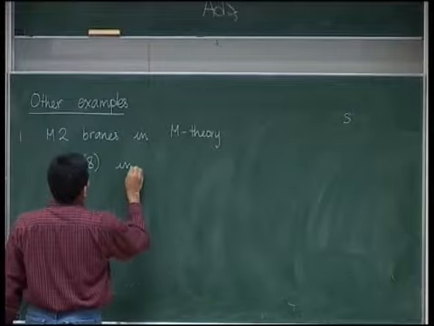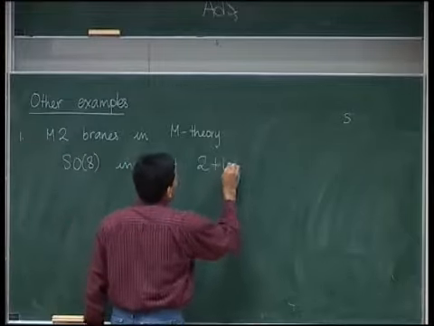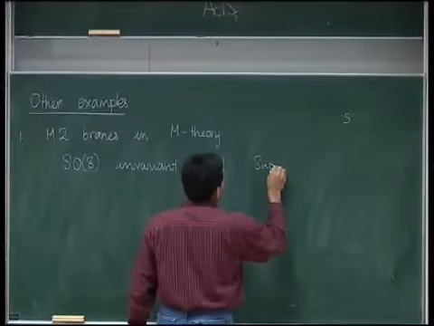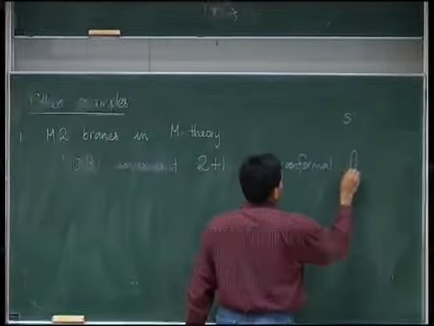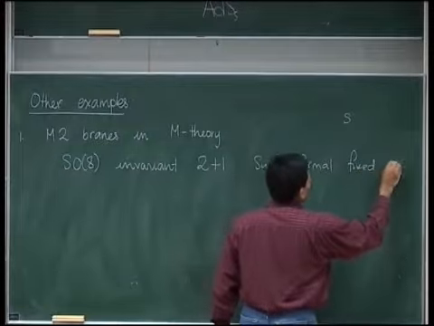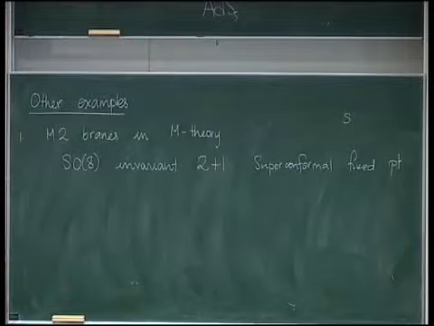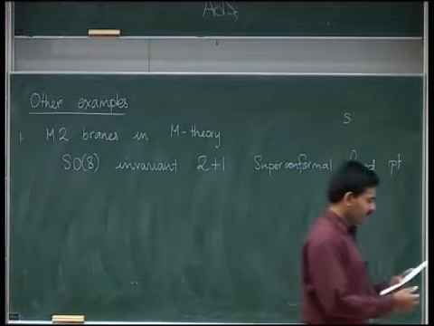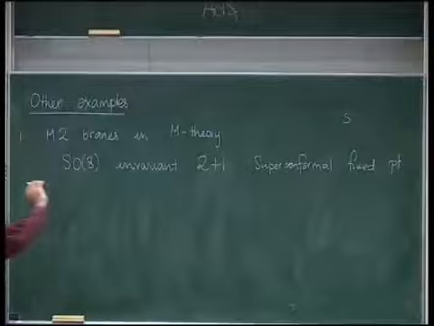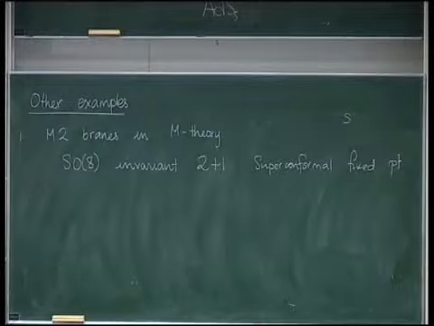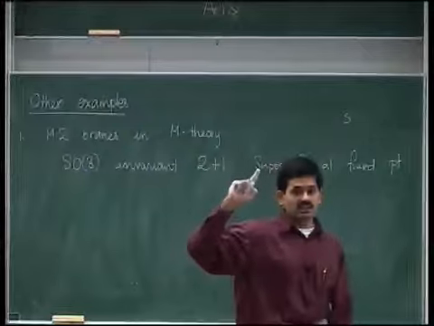So the field theory here is an SO8 invariant 2+1 superconformal fixed point with 16 supersymmetries or 32 superconformal symmetries, and there's no coupling constant. This theory has only one dimensionless parameter, which is n, the number of M2 branes.